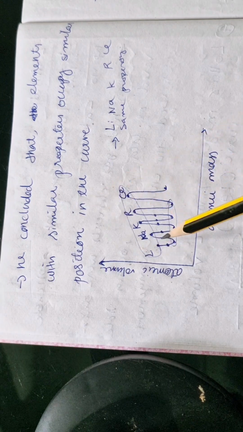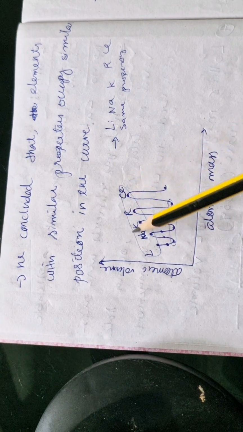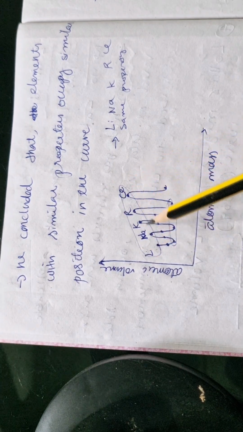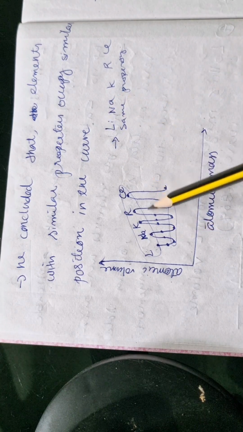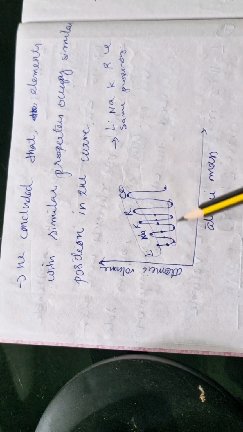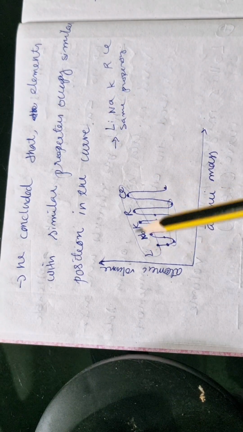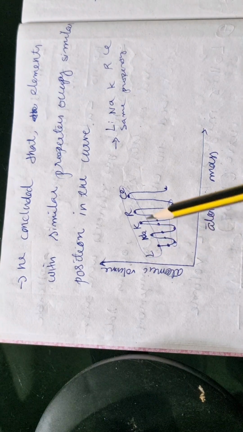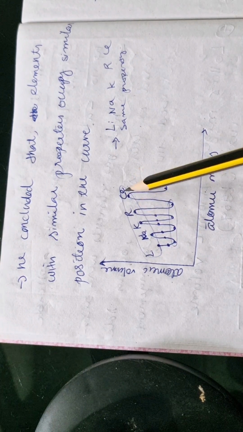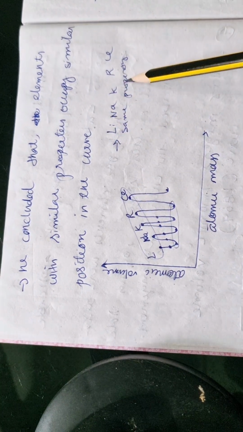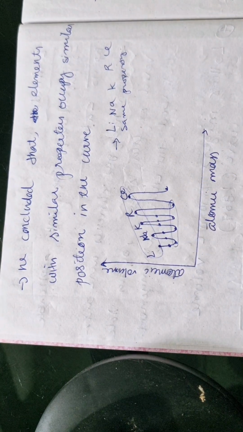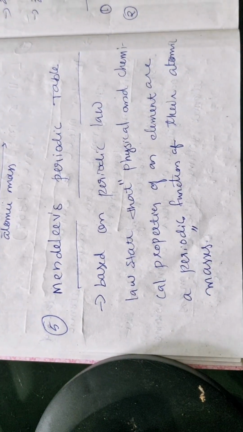In this curve, the upper positions have similar properties, the middle have similar properties, and the lower have similar properties. So he found that lithium, sodium, potassium, rubidium, and cesium have the same property. These models also have some limitations, so this theorem also failed.